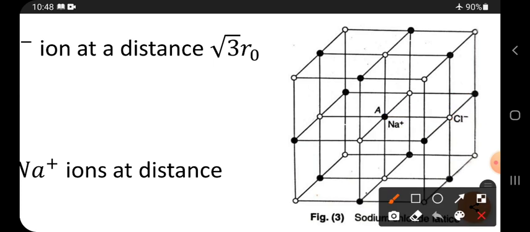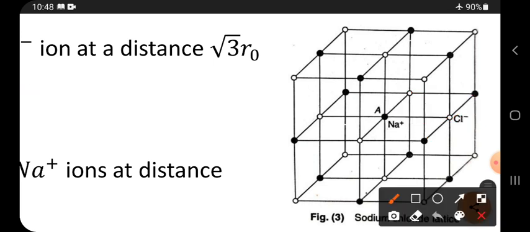For this, I am applying a right angle triangle. It must be a right angle triangle, with 90 degrees present. So it has a hypotenuse and two sides. One side is r naught and this side is also r naught, so we don't know this side, it is x. x is the hypotenuse.